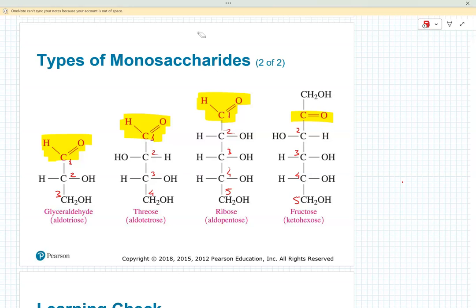Yes, I started the wrong one. Okay, 1, 2, 3, 4, 5, and 6. Okay, so by combining the name of the group first, and the number of carbons second, you get ketohexose or aldotriose.